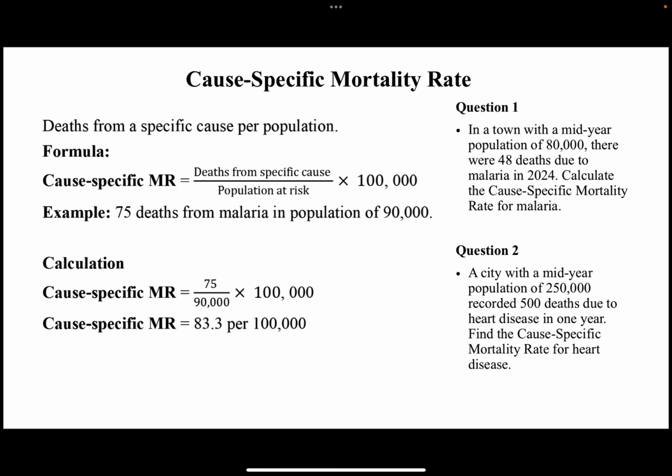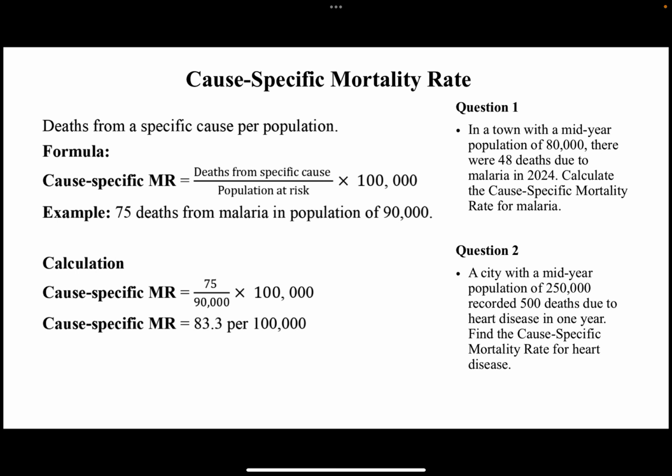Then you are going to get 200. So the cause-specific mortality for heart disease is 200 per 100,000 per year in that population.